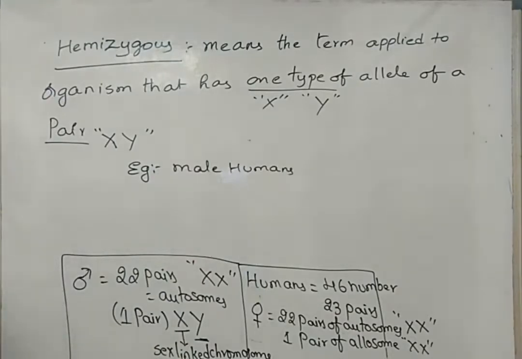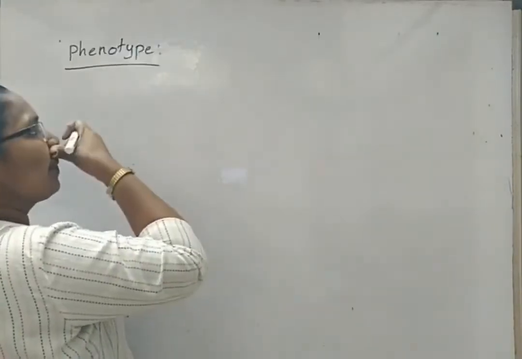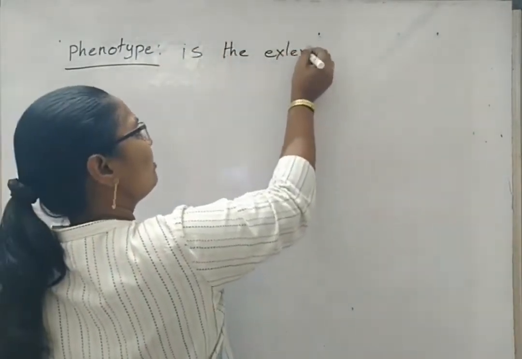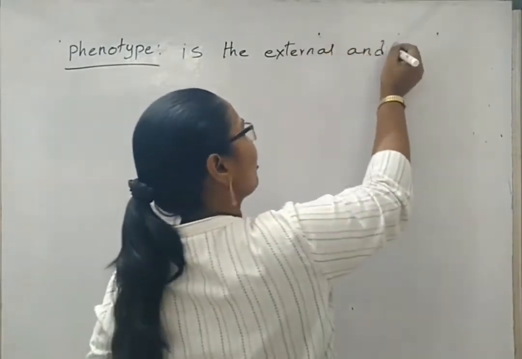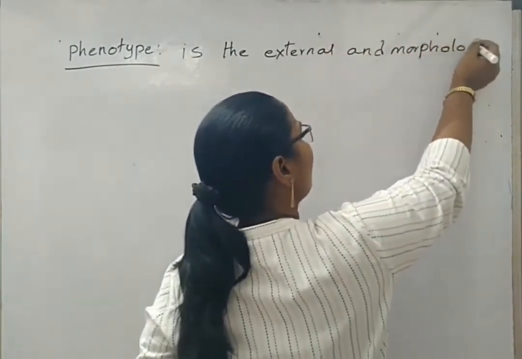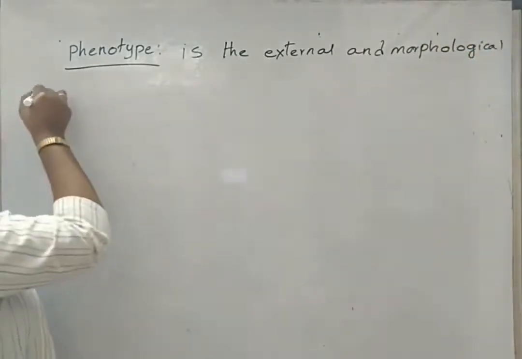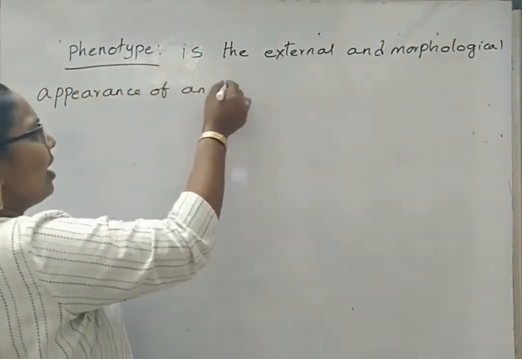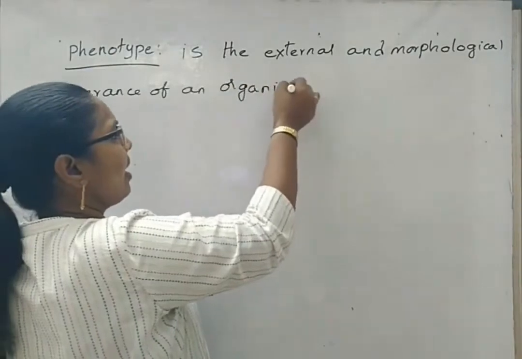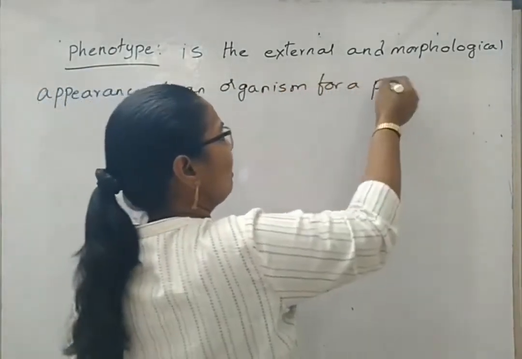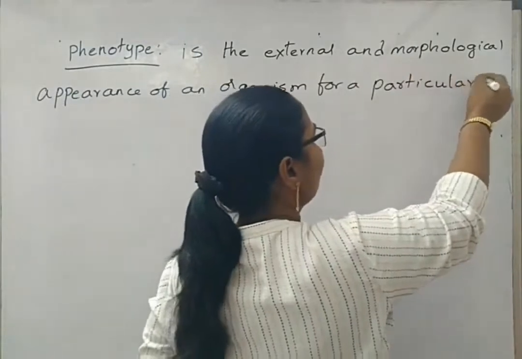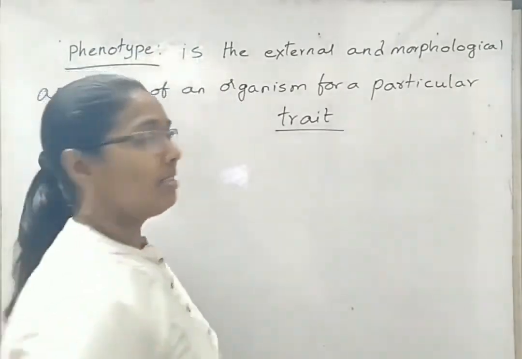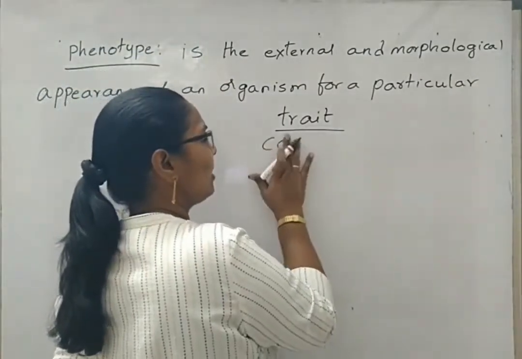There is another term called phenotype. Phenotype is the external and morphological appearance of an organism for a particular trait. I already told you trait is also called character.